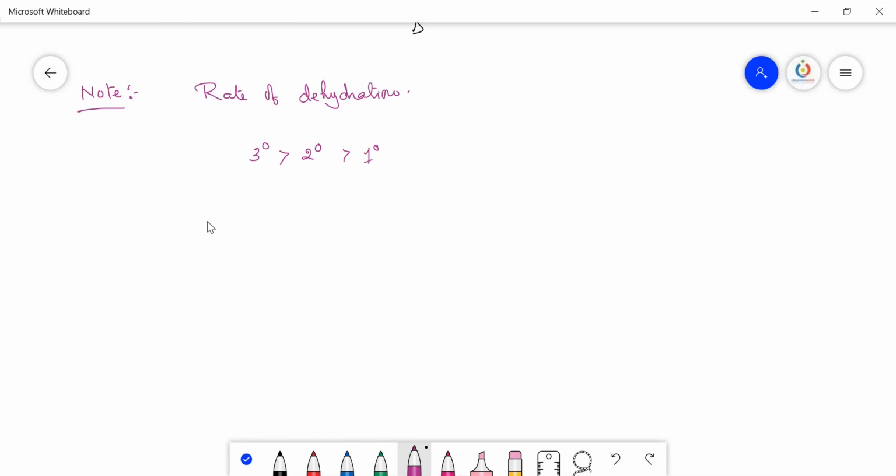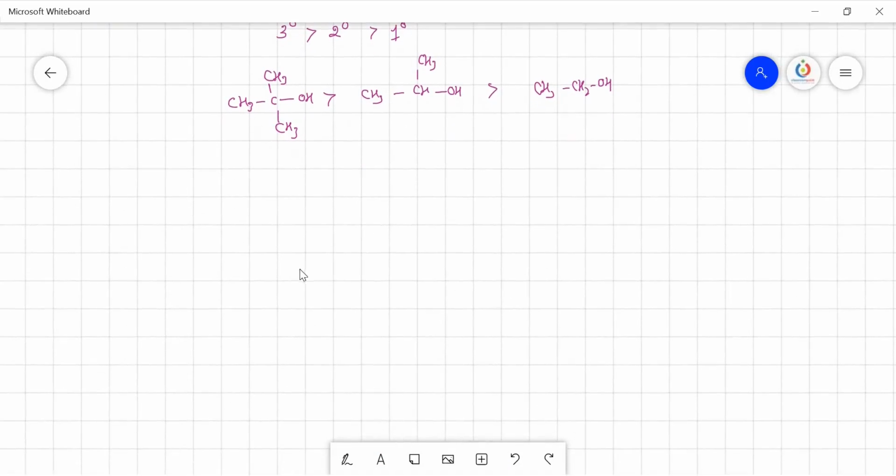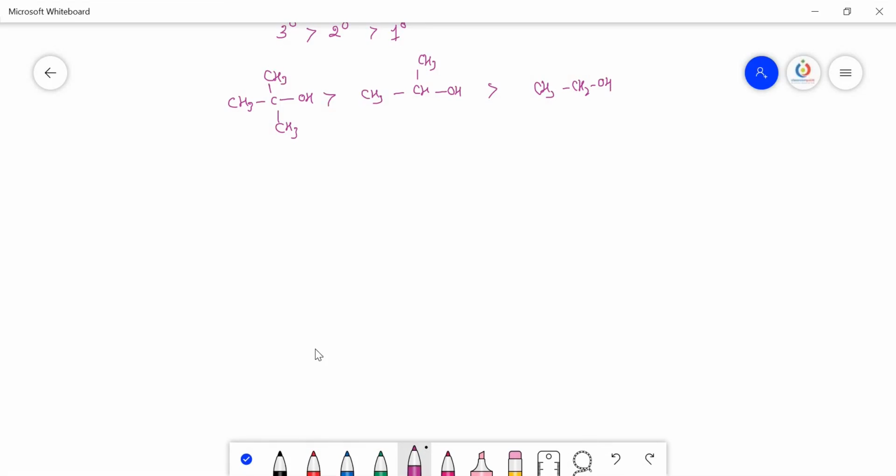Okay, so I'll give this example also here. If anybody asks you, among these alcohols, from which alcohol we can remove the water molecule easily, it means tertiary, secondary and primary, because a tertiary alcohol generally forms the carbocation easily.